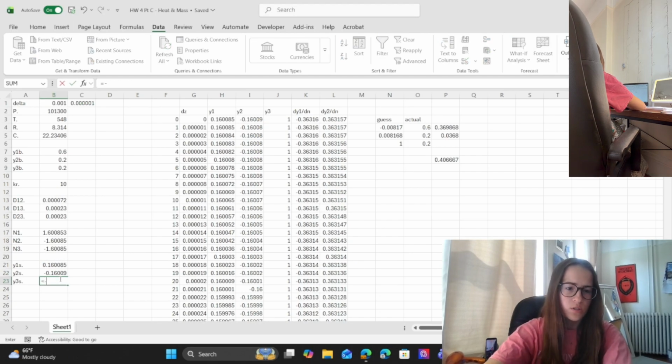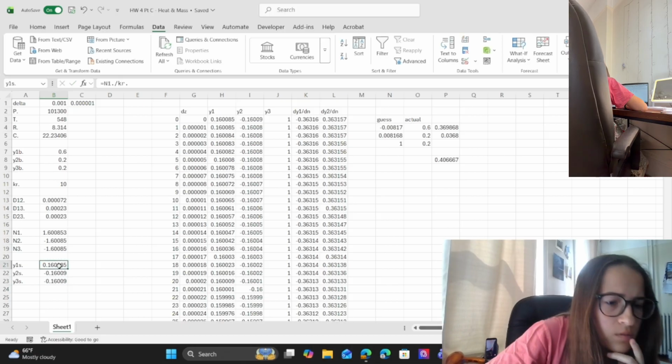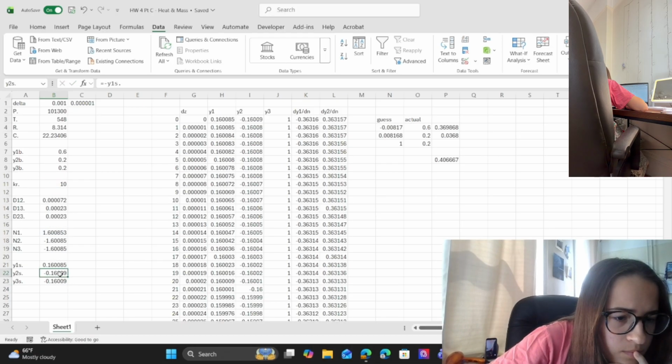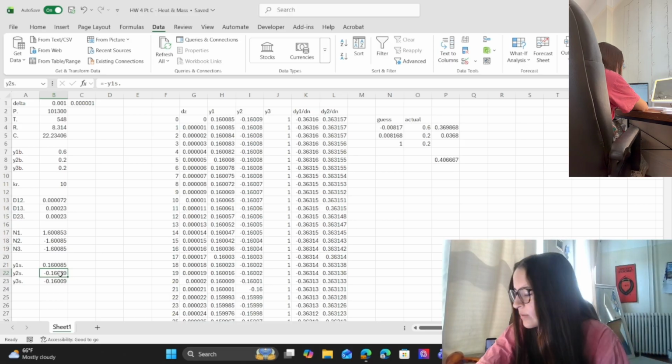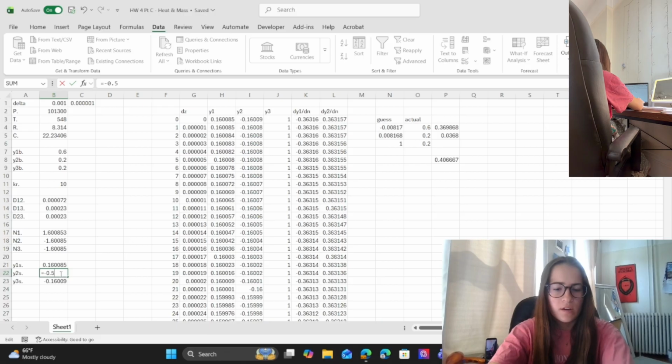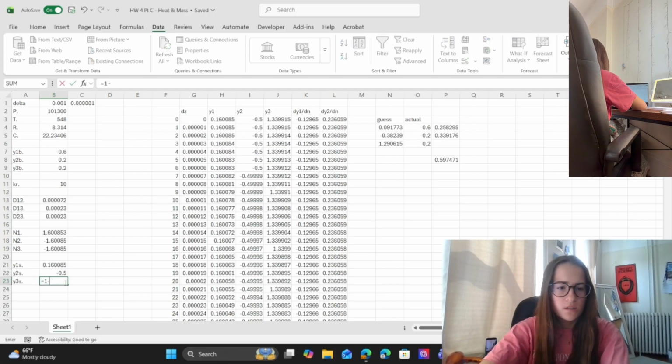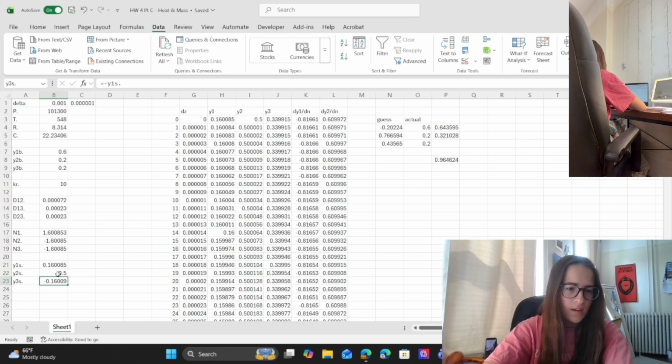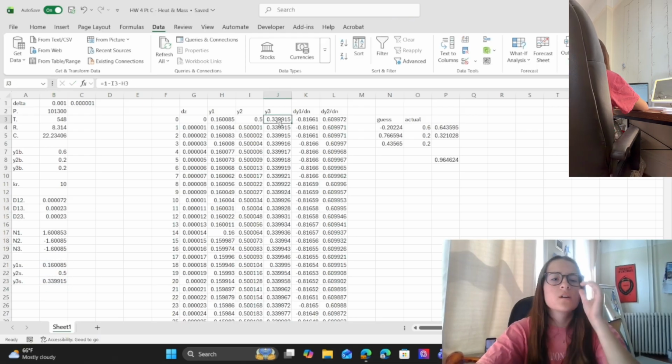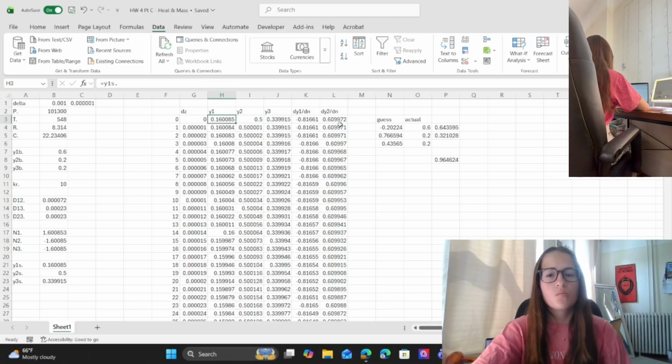Oh wait, this is wrong. Sorry, Y1, that's right. But then this is 0.5. And then this is equal to 1 minus, I don't know why this is negative. Oh, I hate Excel. Okay, there we go. And then we have 1 minus this minus this. Okay, so we're back to this. This is what we want.